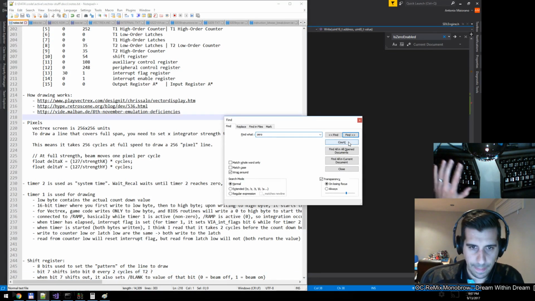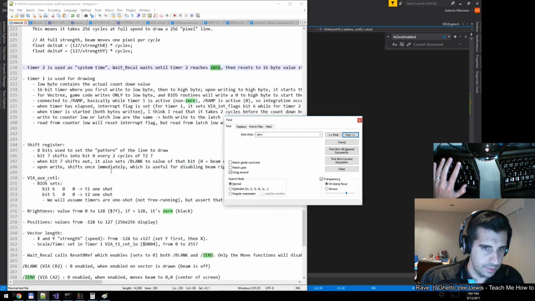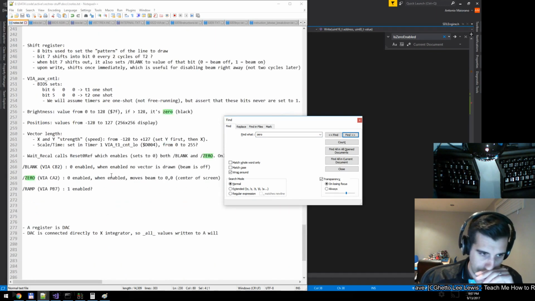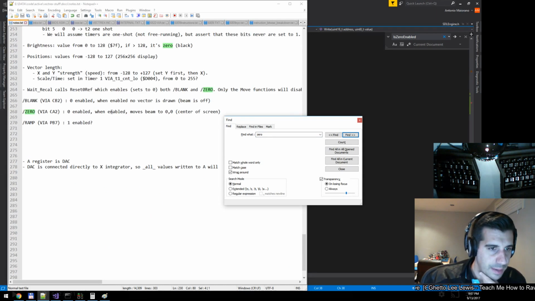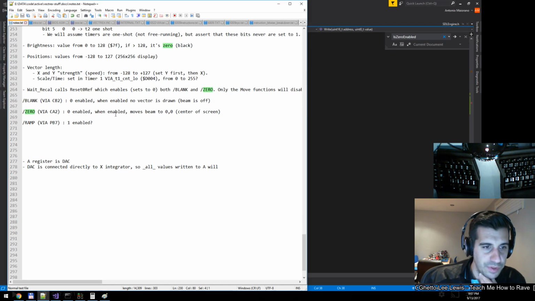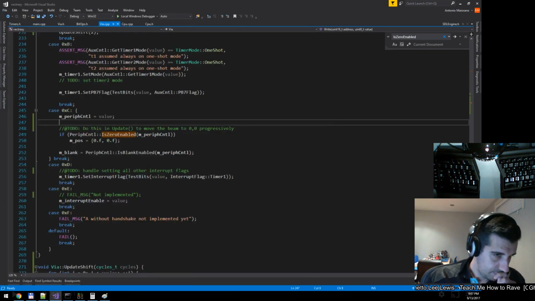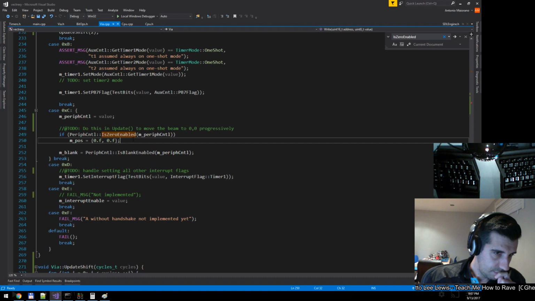So before I jump into the debugging, let me just take a look at my notes here. Zero enabled. When enabled, moves beam to 0, 0. And in fact, it's supposed to move the beam slowly to 0, 0, which is something I'm not doing.